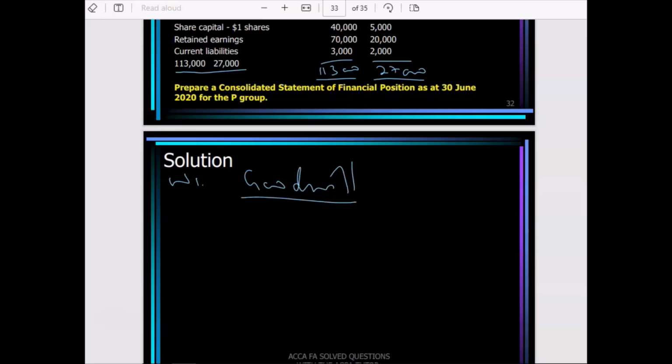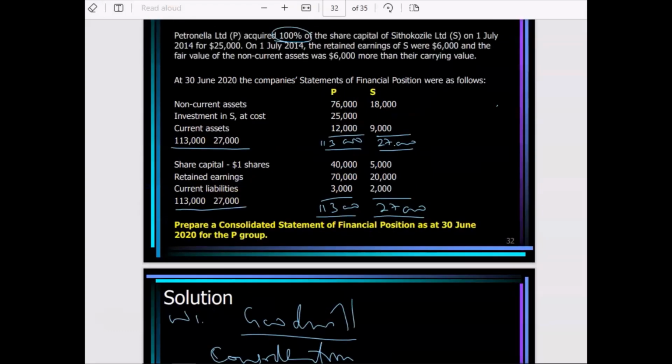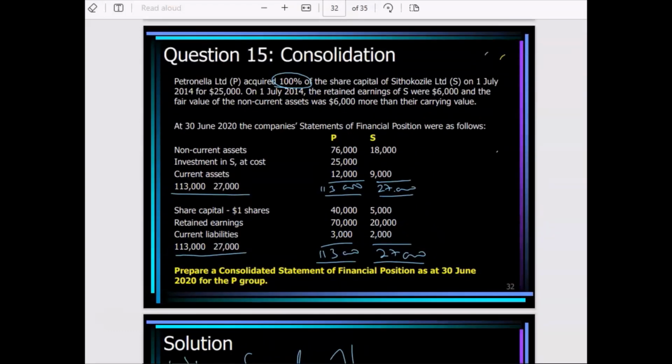Now, to calculate goodwill, we first have to consider the fair value of the consideration transferred. How much was the consideration? If you look at the statements of financial position, you can see that this was actually the investment. So the 25,000 there was the consideration which was transferred.